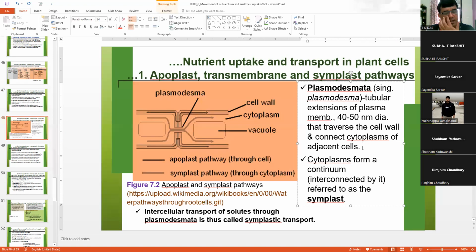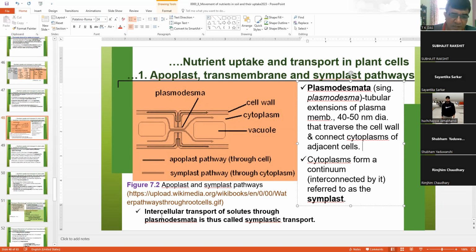cells. So two cells are connected by plasmodesma, which is 40 to 50 nanometer diameter. And cytoplasm form a continuum because both are connected. Cytoplasm of cell to cell are connected. So cytoplasm form a continuum interconnected by it, referred to as symplasm.